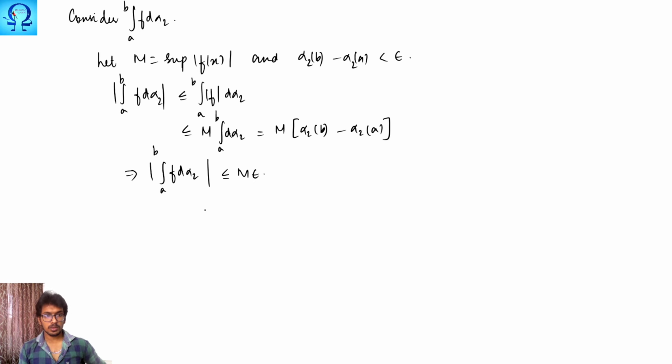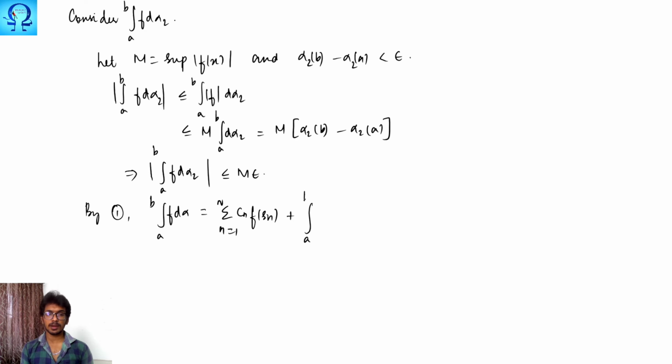Now let us go back to our equation 1. Equation 1 tells us that the integral a to b f d alpha equals the integral a to b f d alpha 1, which we have evaluated as the summation n runs from 1 to N of Cn f of Sn, plus the integral a to b f d alpha 2.